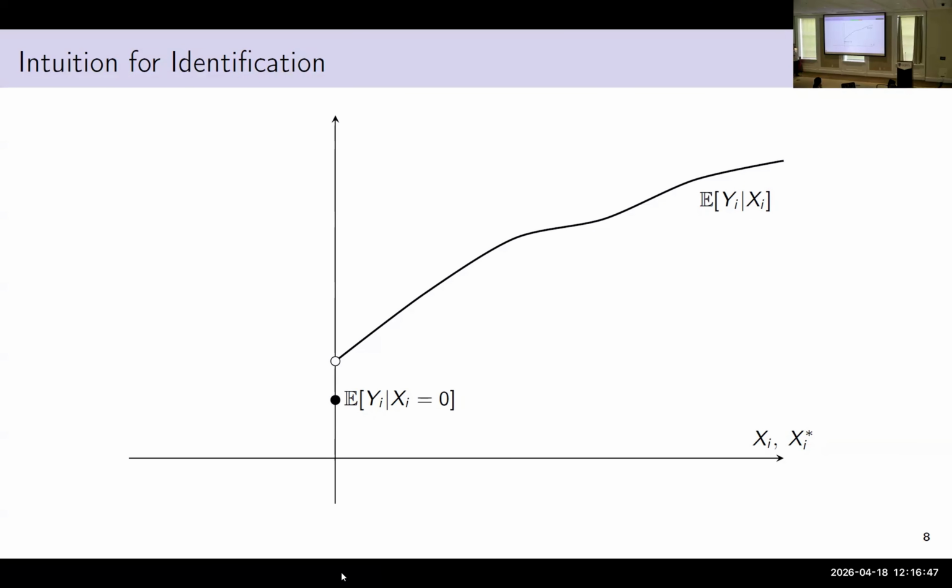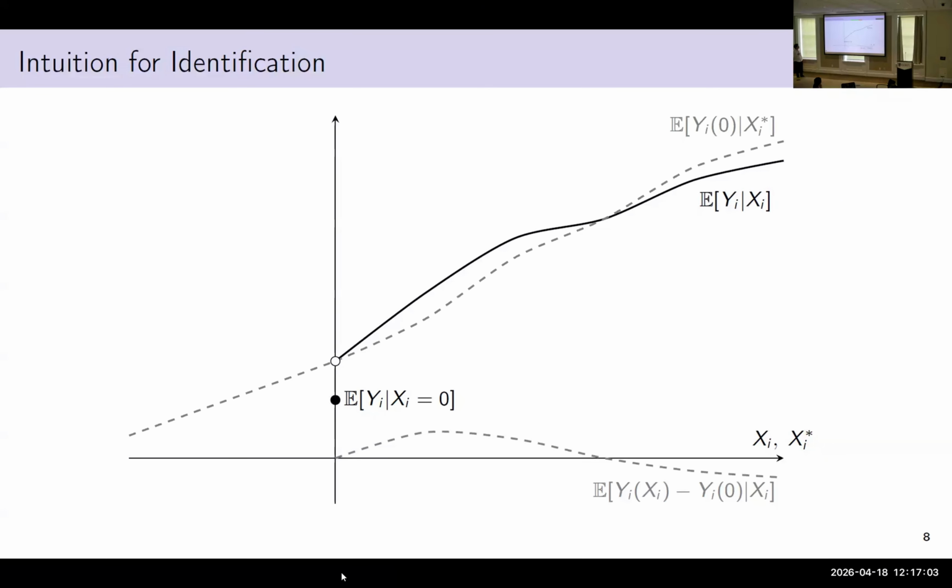But the thing is that this conditional expectation of the outcome on the treatment is the combination of two underlying processes. First, the ATT function on x, on the treatment, but also the conditional expectation of the untreated outcome on x star. On the positive side, when you sum these two dashed lines, you get the black line because x star and x are the same.